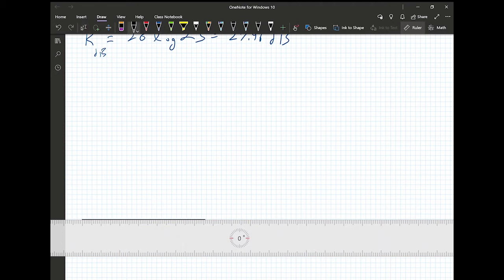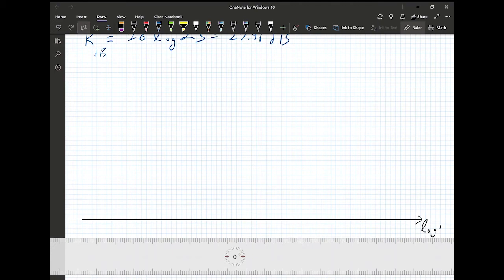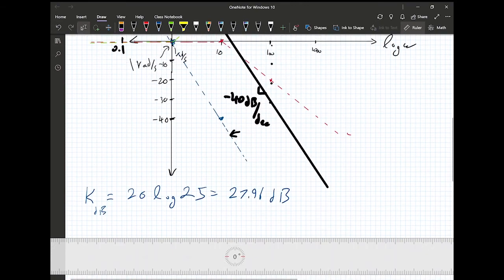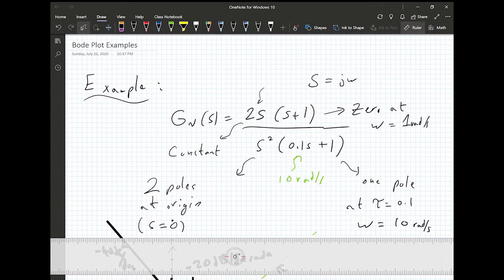Let me draw the x-axis, log omega. What would the frequencies of interest be while we're doing the phase? When we're doing the phase plot, the frequencies of interest are always the pole and zero frequencies, but also 1 decade above and 1 decade below.